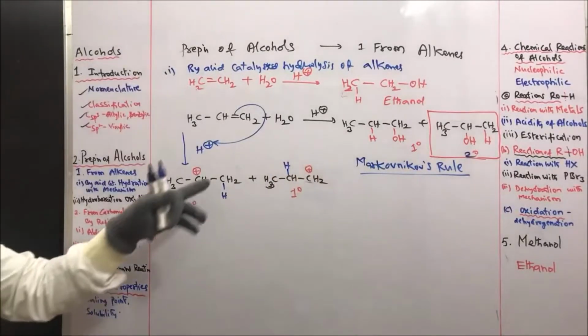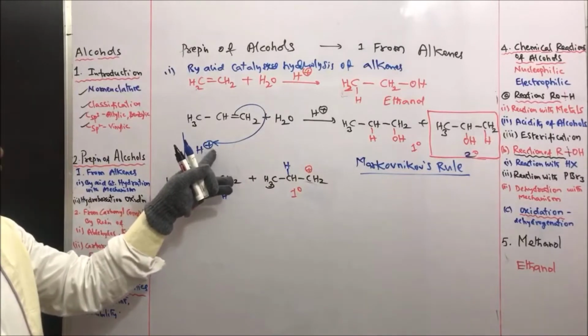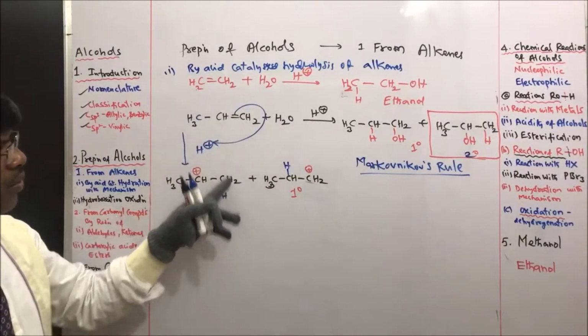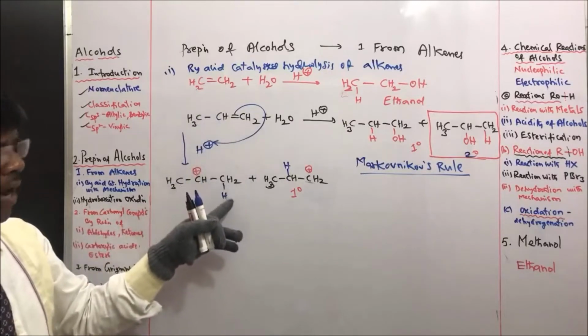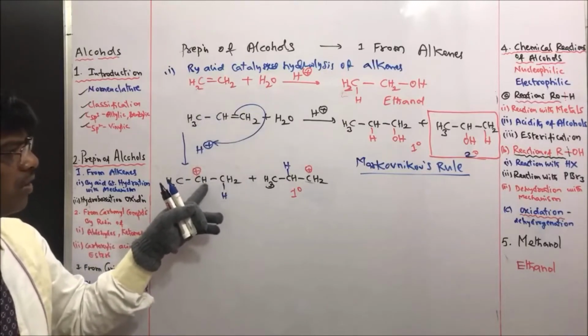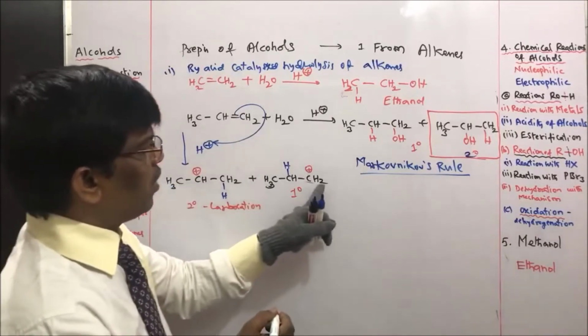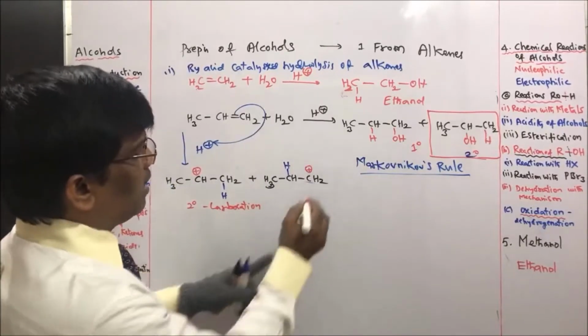Yes, students? So in the first step, protonation of this alkene, if the hydrogen is added to the terminal carbon, it is going to give a secondary carbocation, and in the other case we are going to get a primary carbocation.